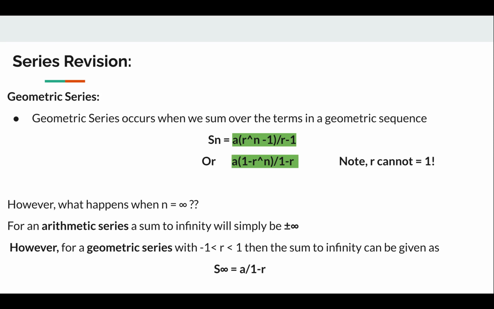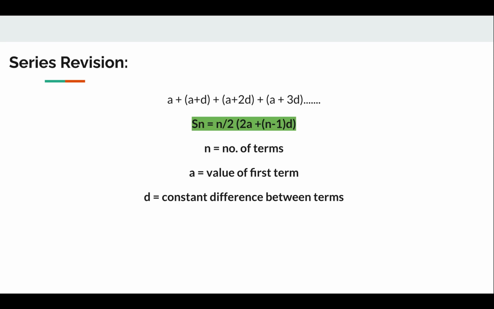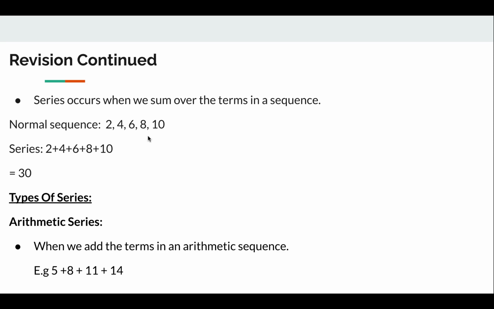Now, if we were to look at an arithmetic series, a sum to infinity would simply be plus or minus infinity. If I take this example and add all these values all the way up to infinity, the value of that series is simply going to be infinity. If they were negative values, so minus 2, minus 4, minus 6, the series to infinity would simply be minus infinity.